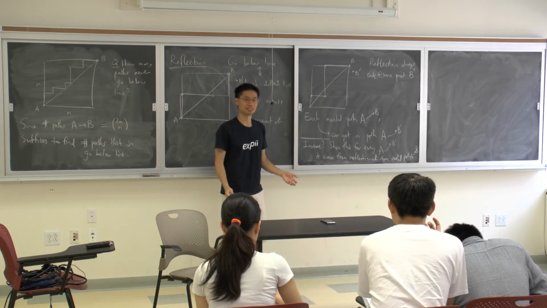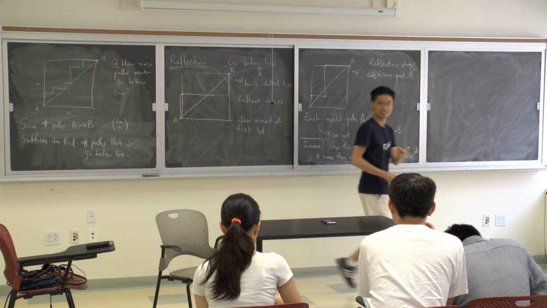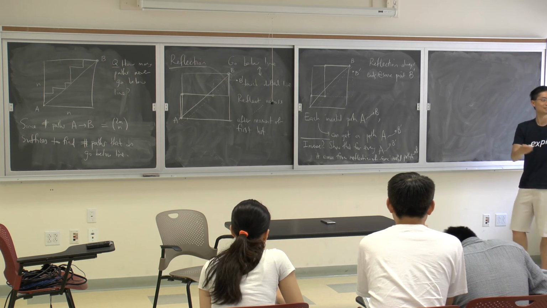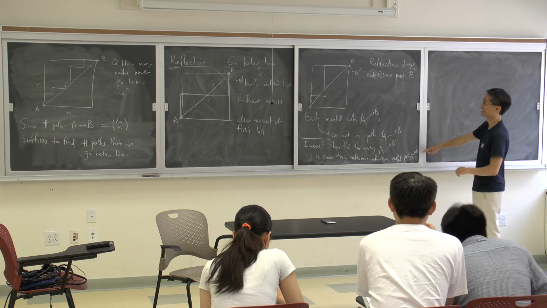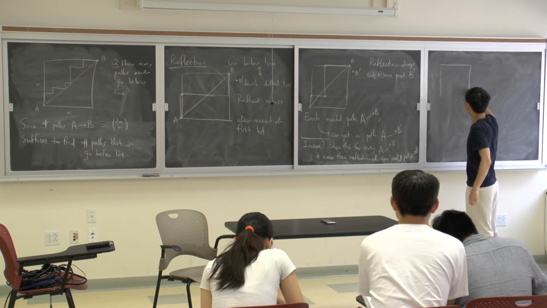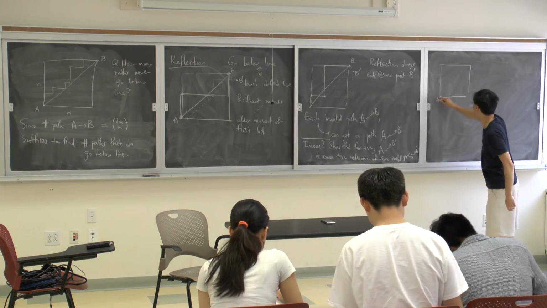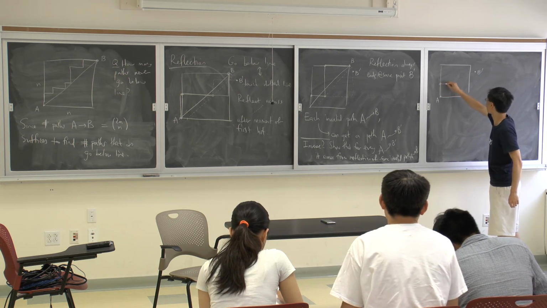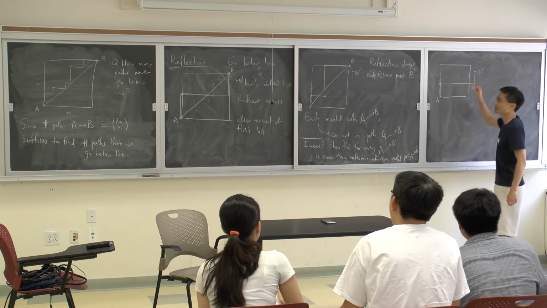But which one would that be? You unreflect. Reflected is the same as unreflected because the order is 2. That's great. So suppose that somebody gave you a path from this A to this exact B prime, and maybe it's doing this.